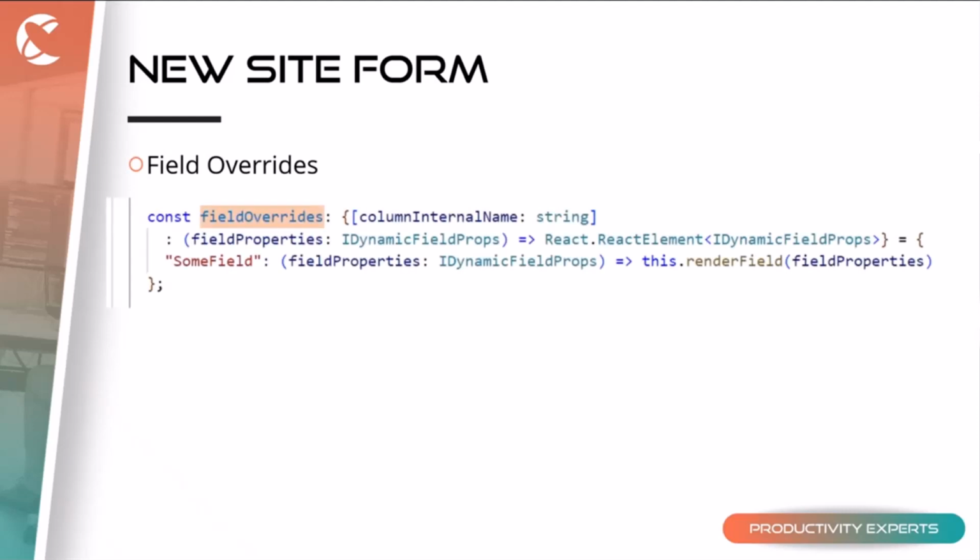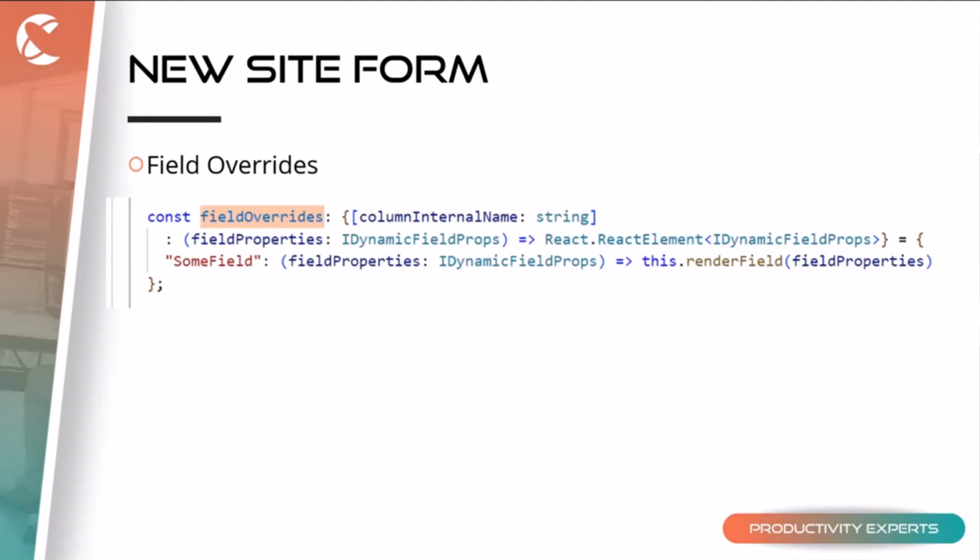This is actually just an object you can inject in your dynamic form, and you can say, if the list contains this field with this internal ID, called some field in the screen here, let SPFx render it like this. And I've just returned a render field function here, but you can go nuts on that. You can generate entire React XML or React nodes and do all kinds of things that you think about. So the field overrides are really powerful. You can do all kinds of things with this.